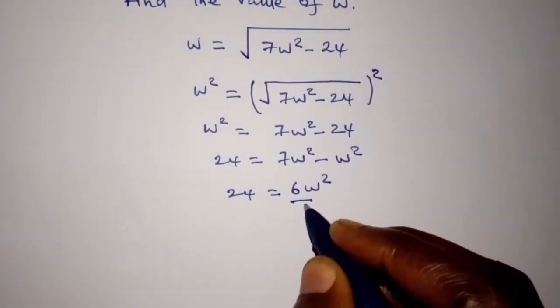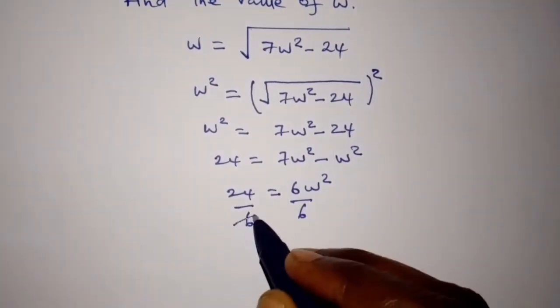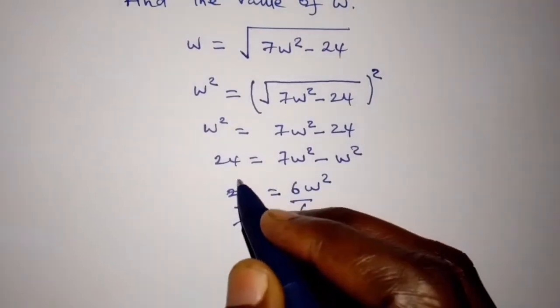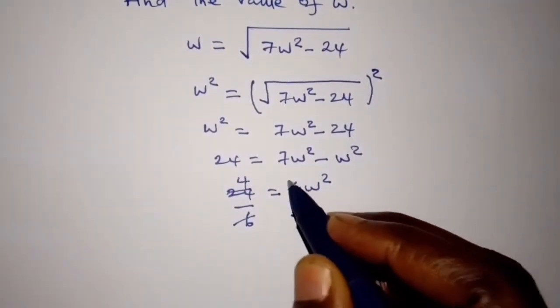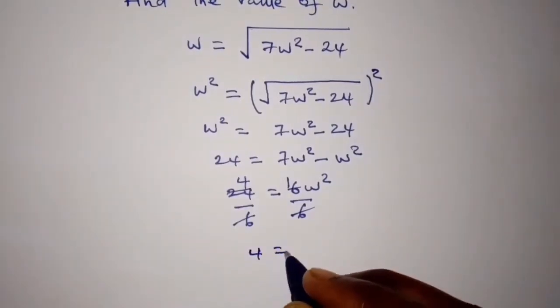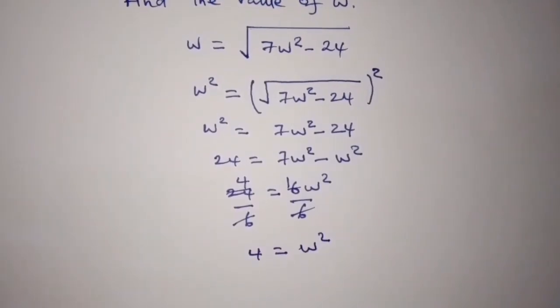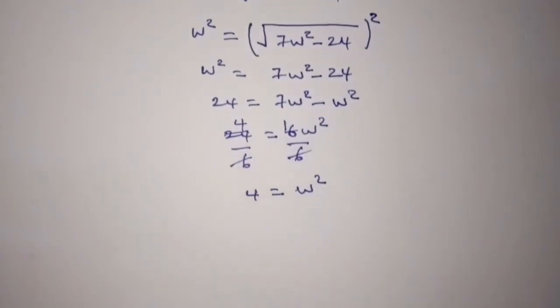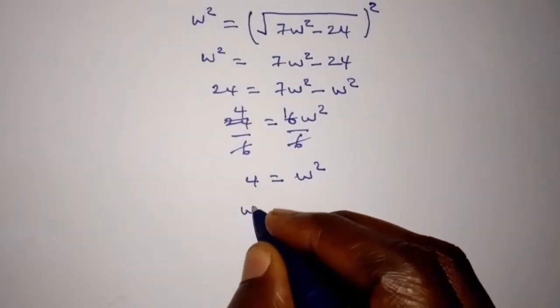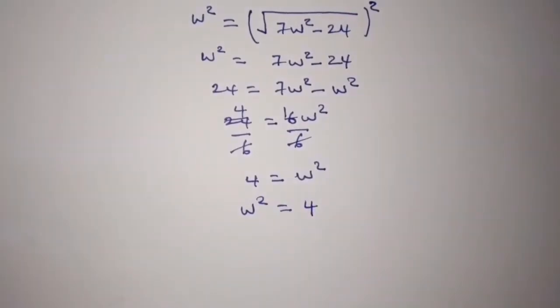We can divide by 6 here. So we can say that 4 is equal to W squared. W squared is equal to 4. We can get the square root of both sides.